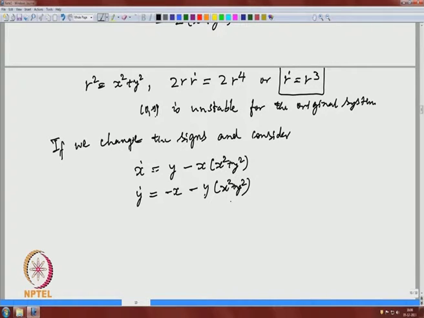Okay. Again, the origin is the only equilibrium point and the linearized system does not change, and in this case 0 is asymptotically stable for this system.